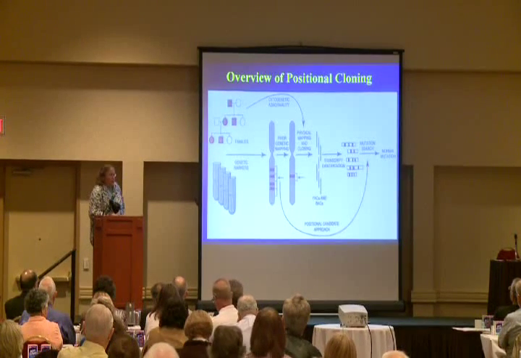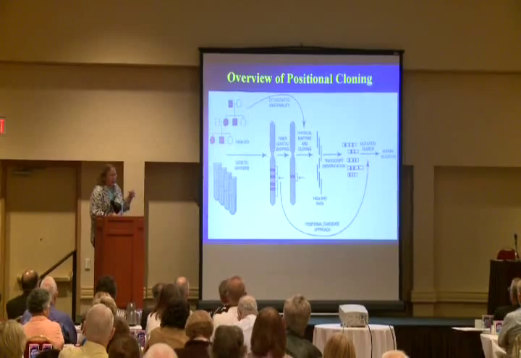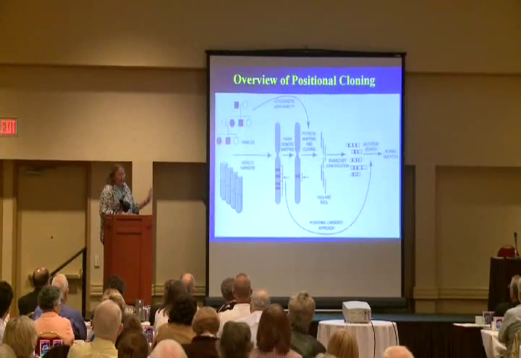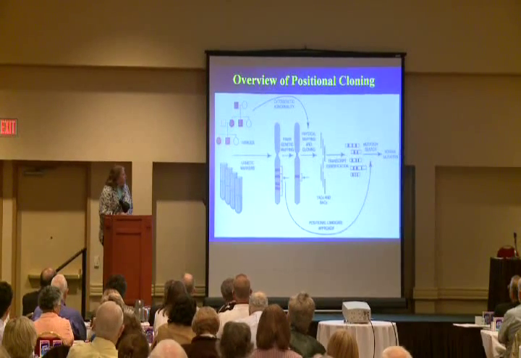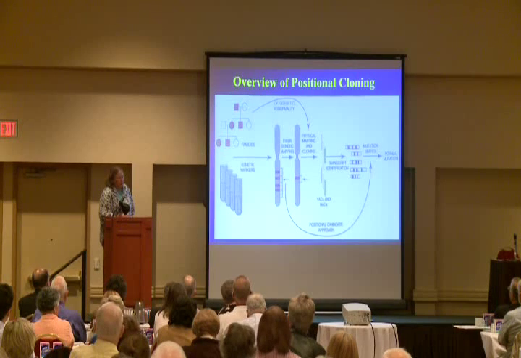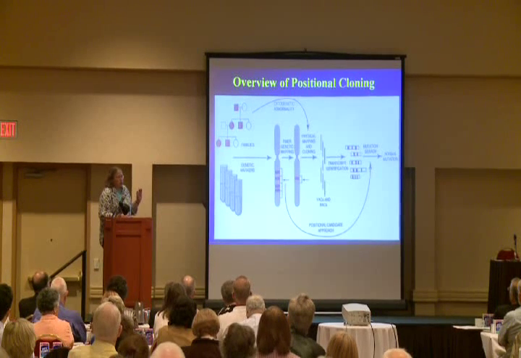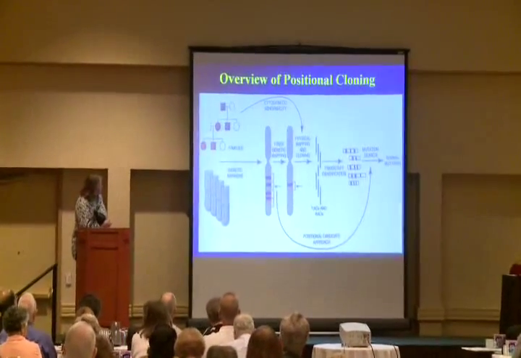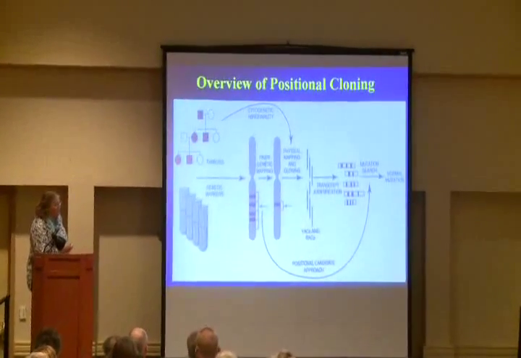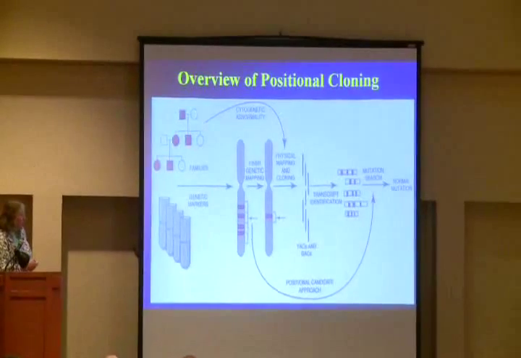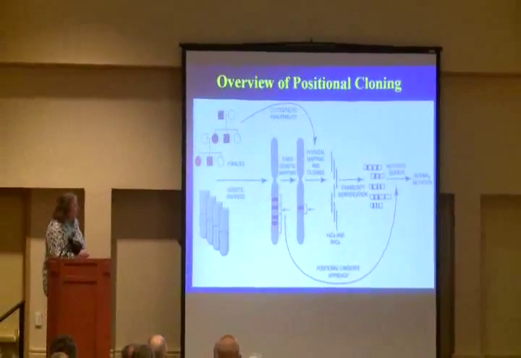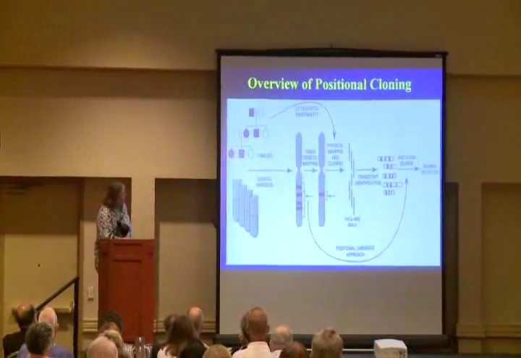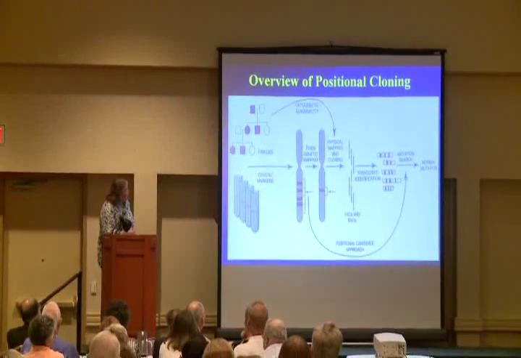So the way that we have found DYT1 and DYT6 and all the other genes that were listed on that chart that I showed you is by using this thing called positional cloning. And the way that you do positional cloning is you start with linkage analysis. What we start with is multi-generation families with multiple affected members, and we get a blood sample from those individuals, and we isolate the DNA, and then we have what we call genetic markers.